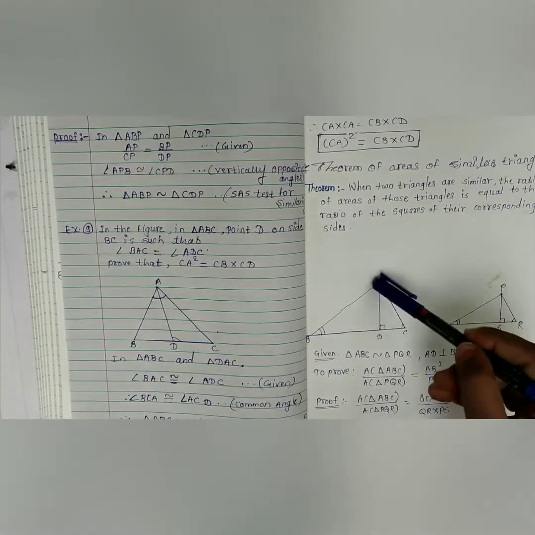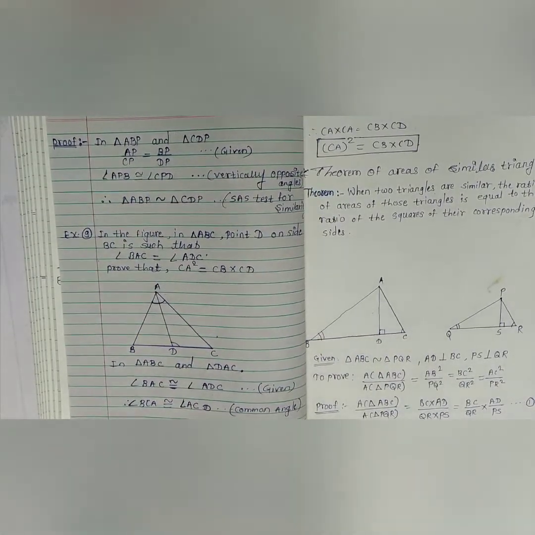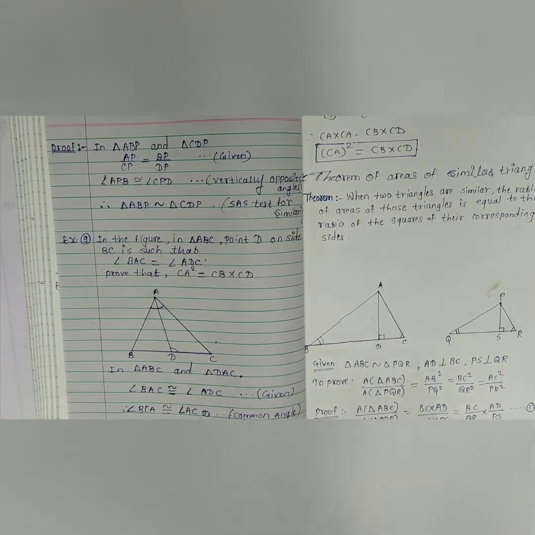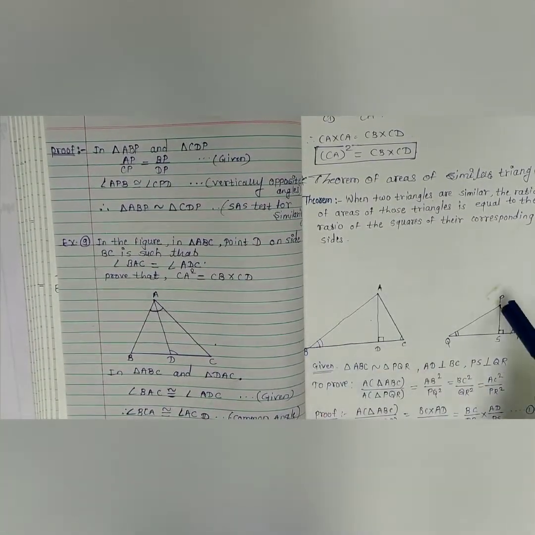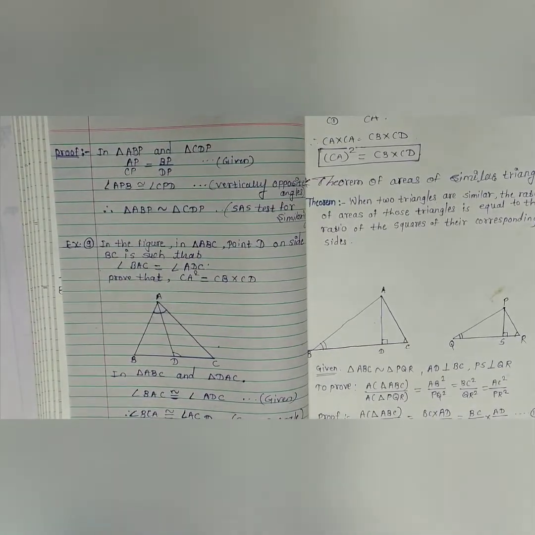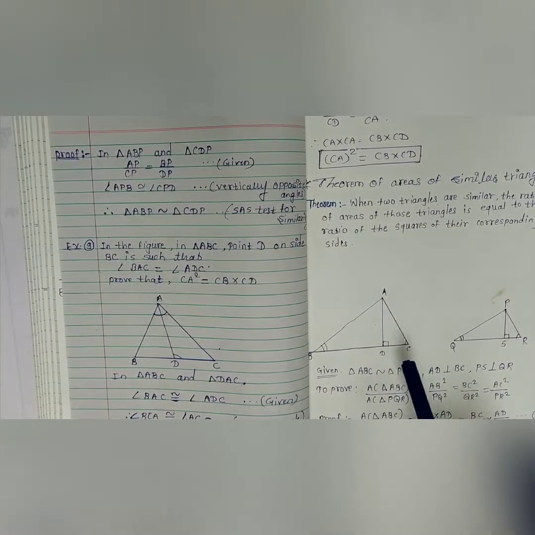What is the reason? AD is perpendicular to BC and PS is perpendicular to QR. Therefore, according to the AA test, triangle ABD and triangle PQS are similar by using the AA test. These two triangles are similar.